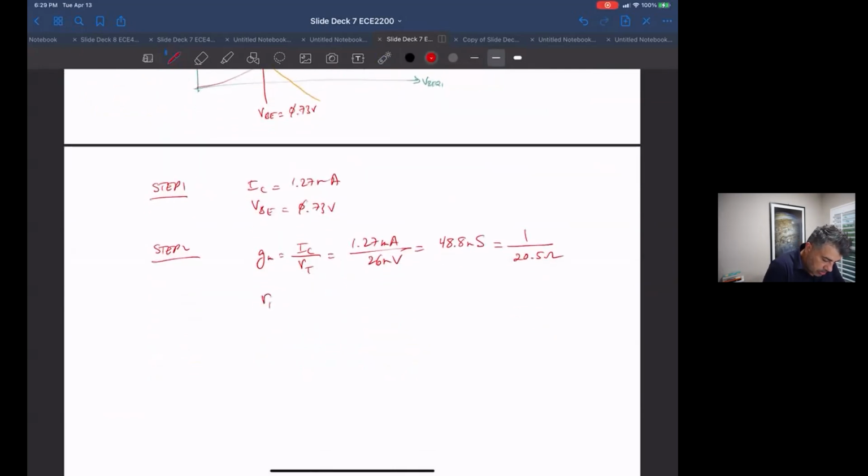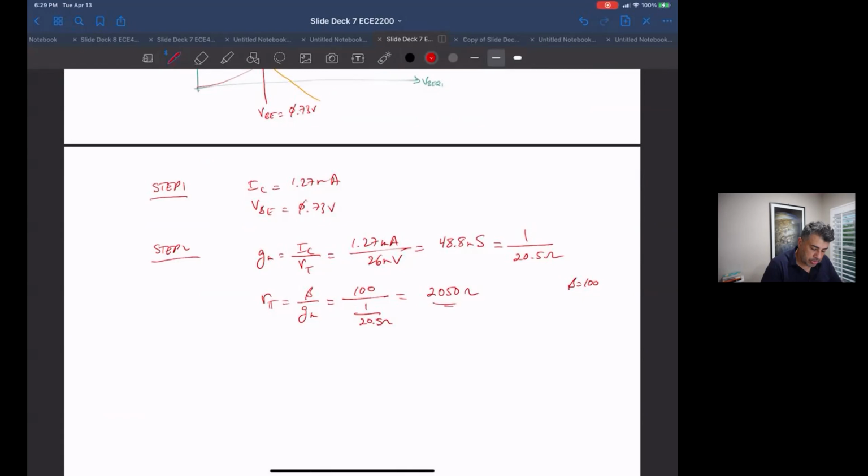Okay, and then R sub pi is beta over G sub m. So beta they gave us as 100. So it's 100 over this. Don't make this mistake. This is the easy one to make. I almost made it right there. It's 1 over 20.5 ohms, so it's equal to 2050 ohms.